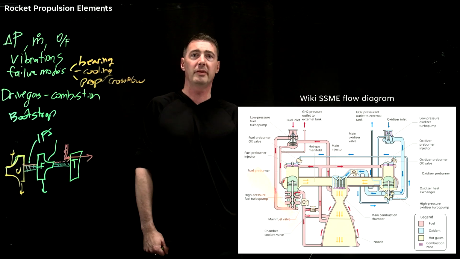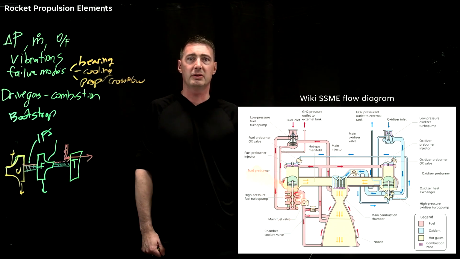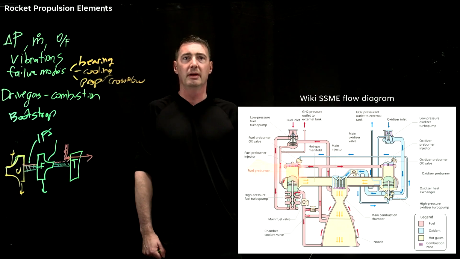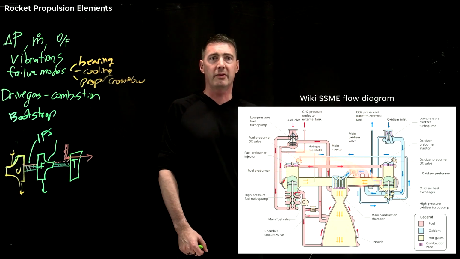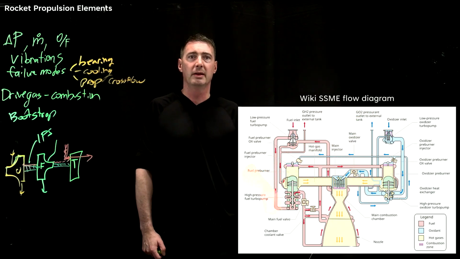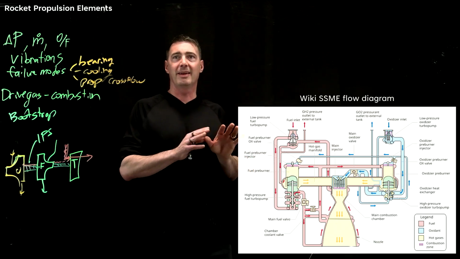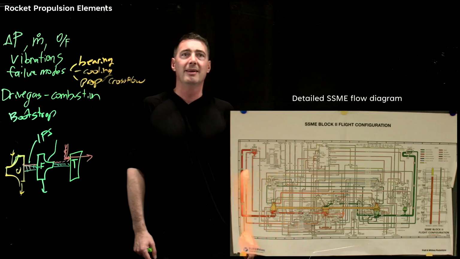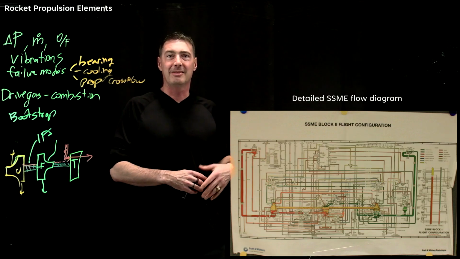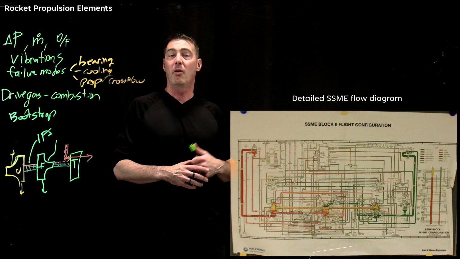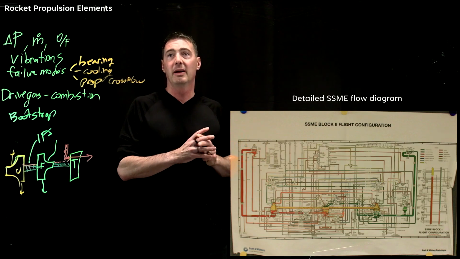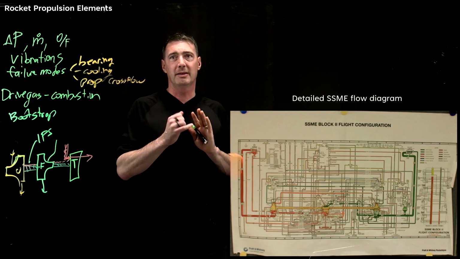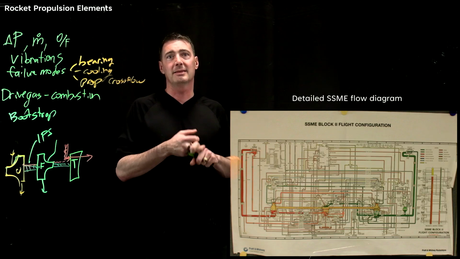The fuel comes in here. You get fuel rich, aux rich stage combustion, driving both turbines, both the aux turbine here as well as the fuel turbine. And this is actually the easy diagram. So I found online the legit diagram that shows all the rest of the flow paths. So where's your drive gases, your control gases?